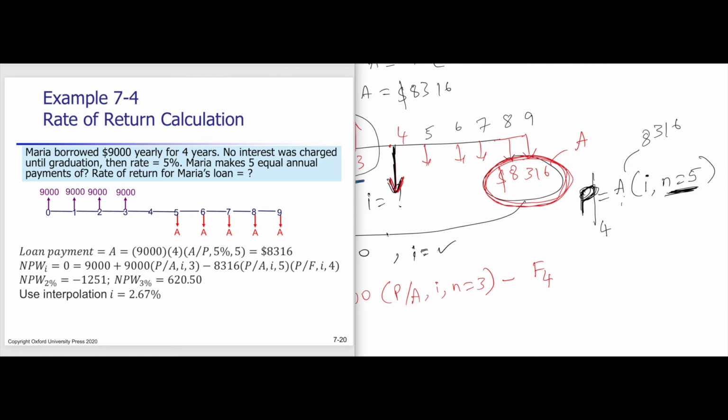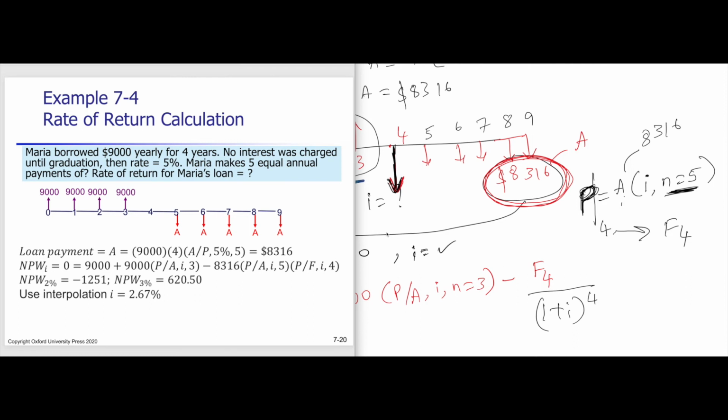From this, you treat this as nothing but F4, and using F4, you have to convert it to P. So how do you convert future to present? Given F, you have to divide F4 with 1 plus I to the power n. And this is at the end of 4th year, that means n is 4 in this case.